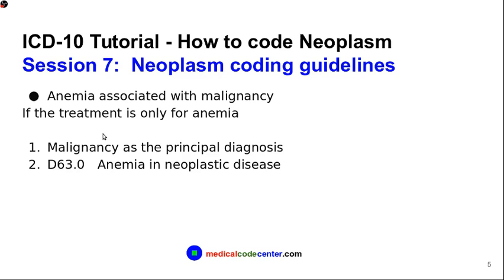So please remember, this is out of the normal case, because normally you will code the reason for encounter as the principal diagnosis. But here, remember again, if the anemia is associated with the malignancy, you code the malignancy as the principal diagnosis, and then anemia code D63.0 as the secondary code.